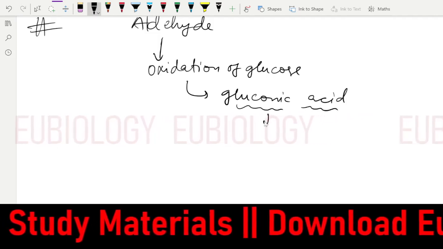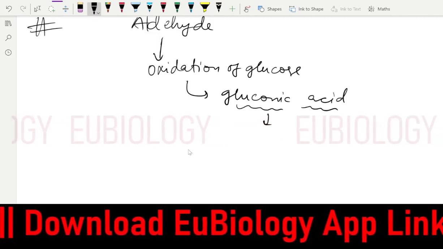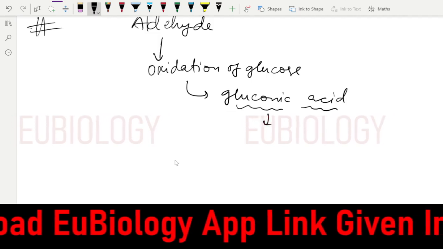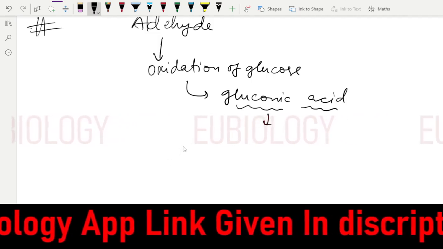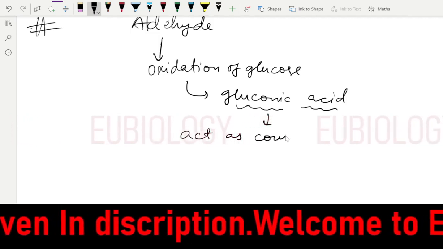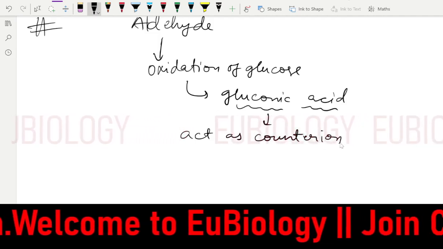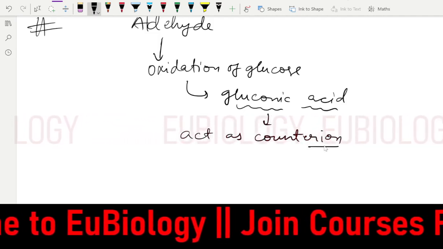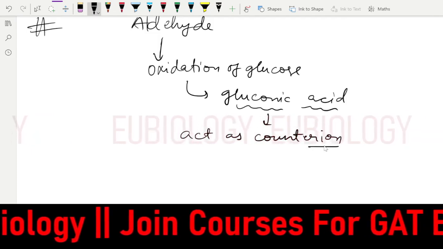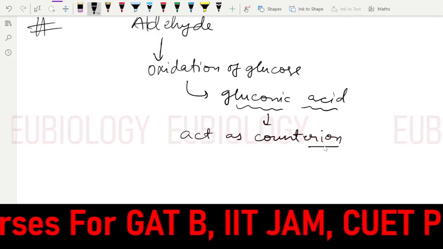The very important use of this gluconic acid is what? The counter ion. Okay, it acts as a counter ion. What does it mean? Whenever you see most of the reactions, metal ions will be used.